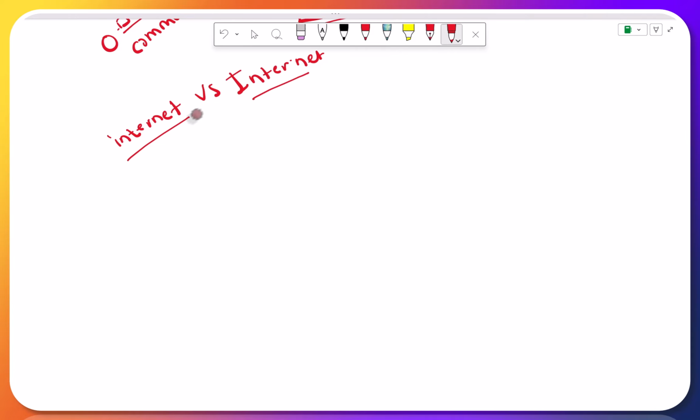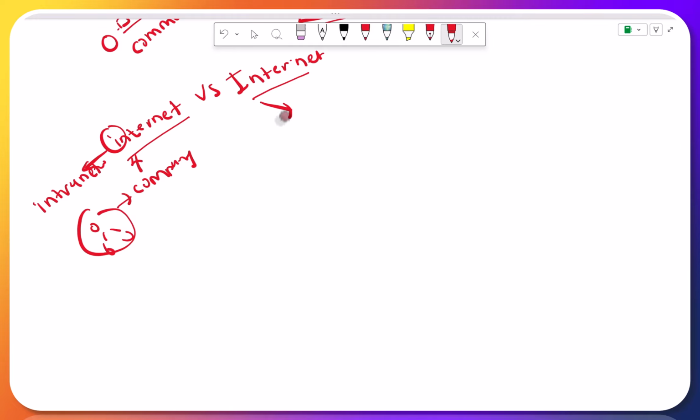These two, the spelling is the same, but the context is different and they are usually referred to differently. So this internet with a small i is usually referred to as an intranet. Okay. So if you have a network within your company, then that is an internet with small i.